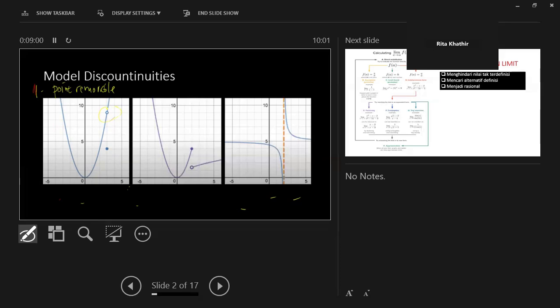So point removable. At x equals 3, we don't have the value we expected, 9, but 4. So 9 with 4 is much different.